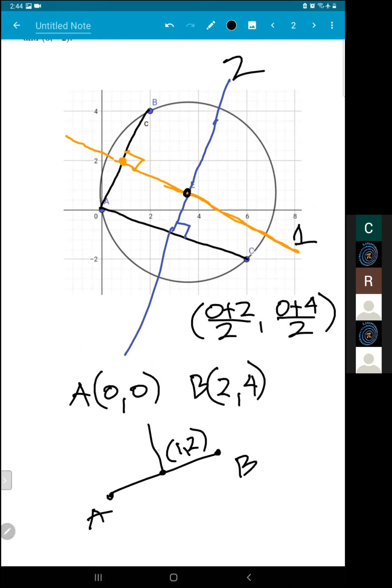Then you get the slope of the perpendicular by getting the slope of AB, then the negative reciprocal. If we use the coordinates again, change in y over change in x, we have 4 minus 0 over 2 minus 0, which is 2. So the slope of this one is the negative reciprocal.